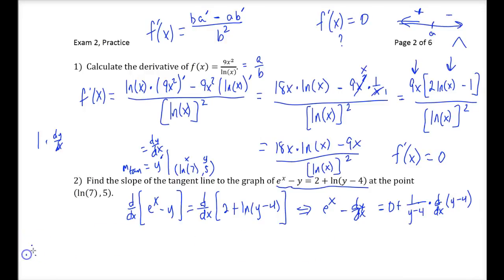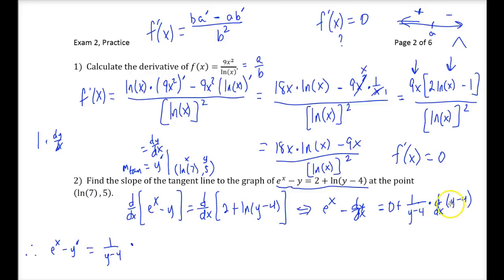So if we come down here and make a new line, we know that this is just e to the x minus y prime. And I'm just simplifying dy over dx to y prime. And that will be equal to just 1 over y minus 4 times, and now we actually need to take the derivative of y minus 4 with respect to x.